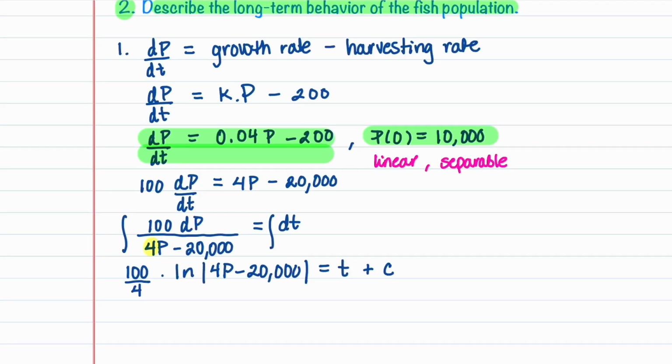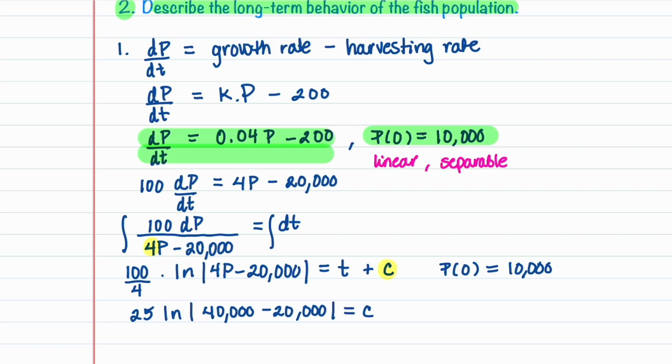Let's go ahead and solve for c. Let's use our initial condition that p at time 0 is 10,000. So on the left, we have 25 natural log absolute value 4 times 10,000 gives us 40,000 minus 20,000 is equal to t, which is 0, plus c.